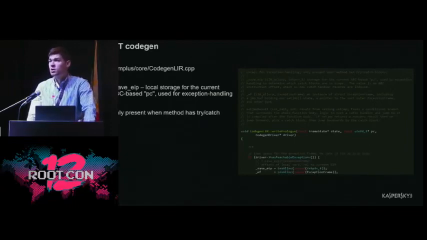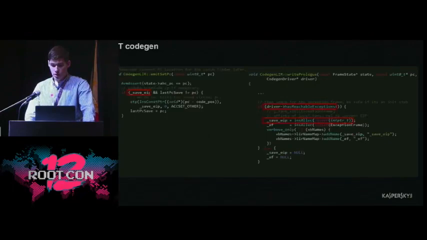In just-in-time compiled code, CVIP is local storage of the current ABC-based program counter, and it's used for exception handling. So it's present only when the method has exception handlers. By making the exception check return true for each compiled method, we can see that in this case CVIP will be forced for each compiled method.